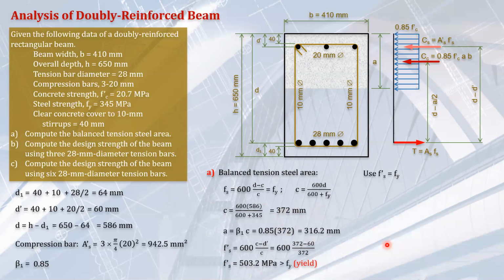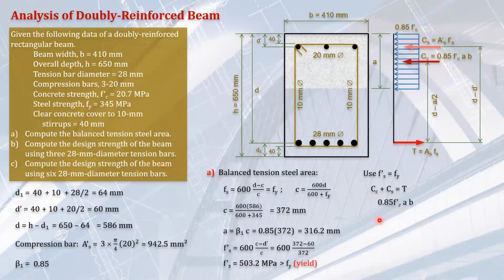So at balance condition, both steels, of course, the tension steel yields. The compression steel is also yield. Fy din. Okay. So after lang natin yung area, we don't need the moment. Makukuha na natin. Apply tayo ng equilibrium dito. Summation of force is 0. So, we have compressive force in concrete plus the compressive force in steel equals the tension.